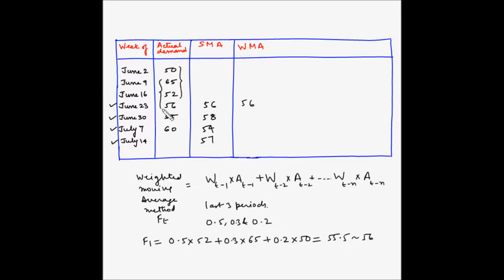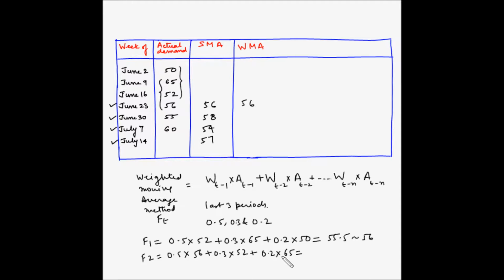The last 3 periods is this. So F2 is equal to 0.5 multiplied by 56 plus 0.3 multiplied by 52 plus 0.2 multiplied by 65.